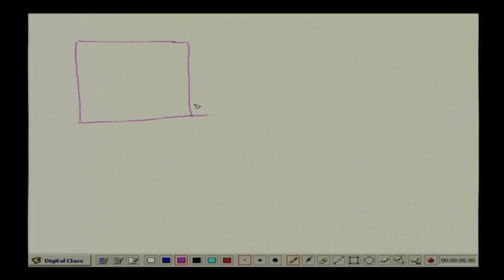So, let us put a digital image in this form. Now, here let us assume that this image consists of n number of rows and n number of columns. So, there will be n number of columns and n number of rows.